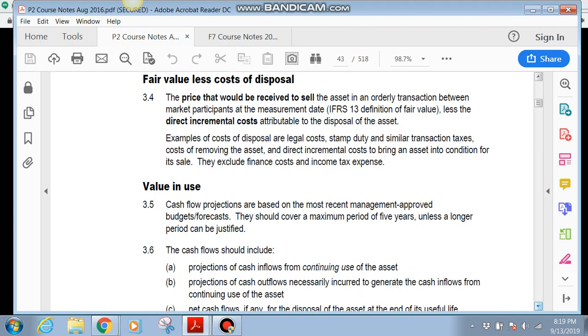Why do you use the cash flow projections based on recent management approved budgets or forecasts?